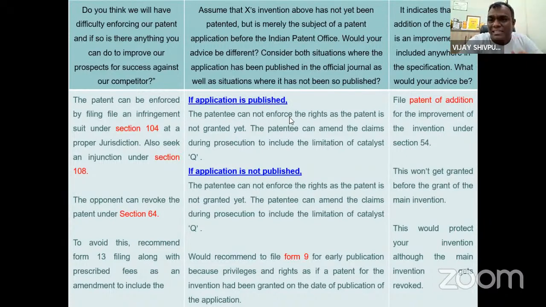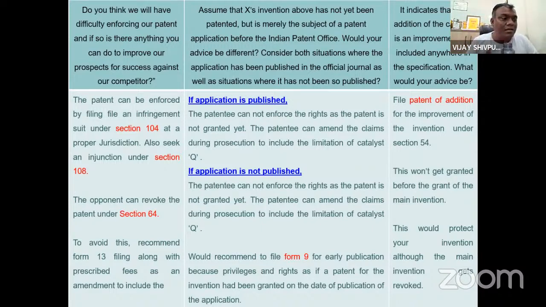Now, it indicates that X addition of the cat. I think most of you got this information that this can be under patent of addition actually. So if you are having a patent of addition, then in that case, the improvement can be covered under the patent of addition. That's the advice I would give as a patent agent to the applicant, that the catalyst is an improvement.